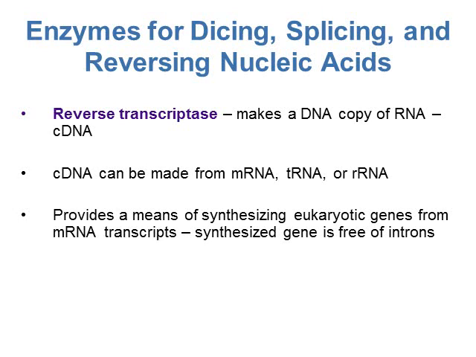So cDNA can be made from any of the different types of RNA. So we talked about mRNA, the messenger RNA, tRNA, transfer RNA, or rRNA, the ribosomal RNA. So you can take any type of RNA and go backwards to make a DNA copy of it. Why this is useful: it provides a means for synthesizing eukaryotic genes from your mRNA.